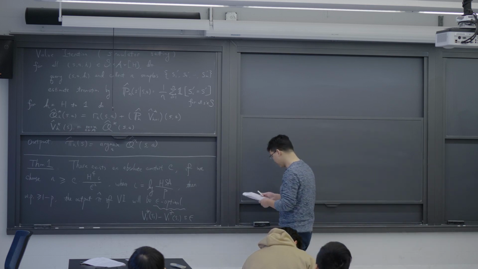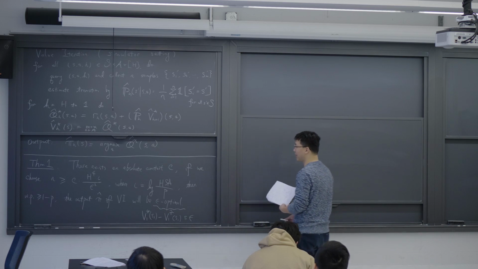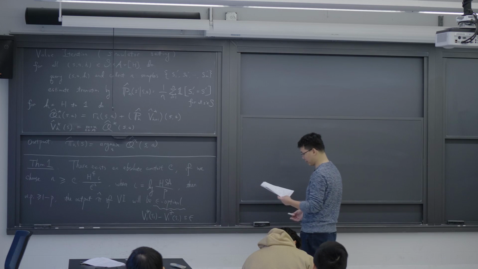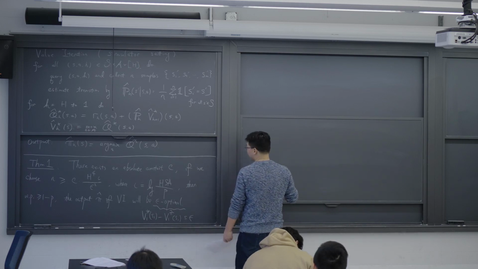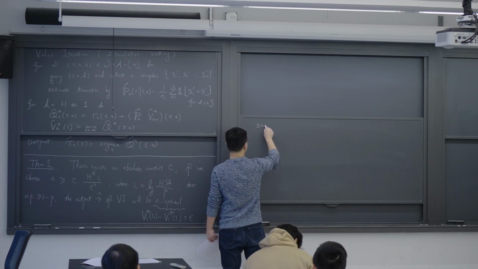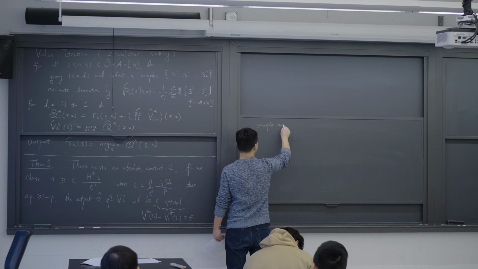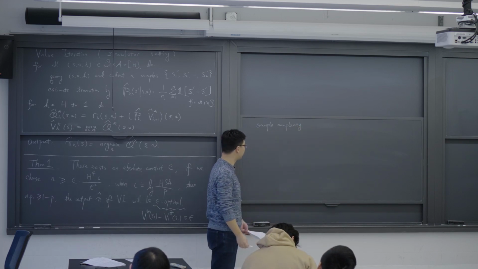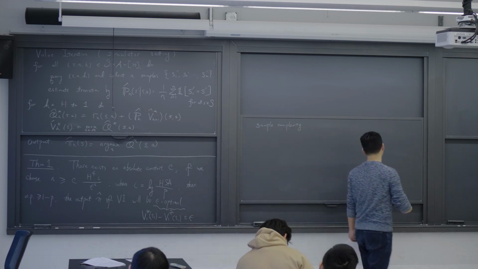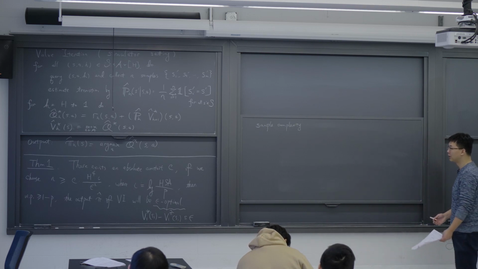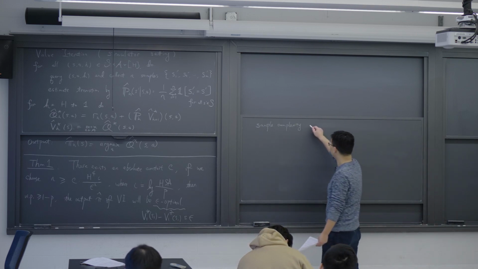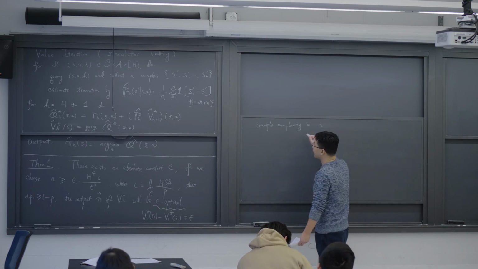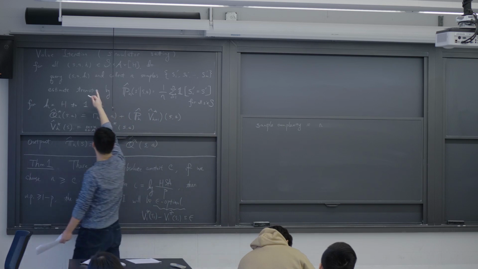Okay, so we will first make some comments about theorem 1, and then we will spend a lot of time in this lecture to prove the theorem. So first, we will talk about what sample complexity this theorem gives us. Sample complexity, as we discussed last time, we define as how many times we need to query the simulator in total to find this epsilon optimal policy. So in this case, we have n samples for each state action H pair.